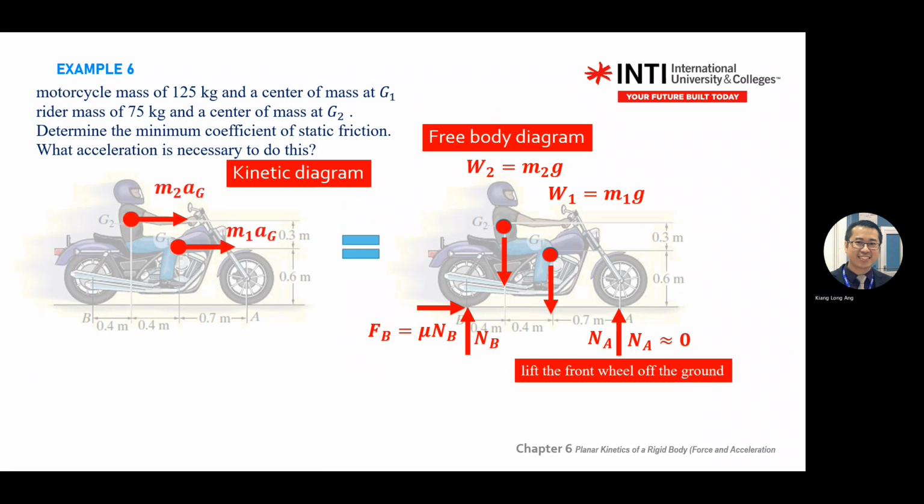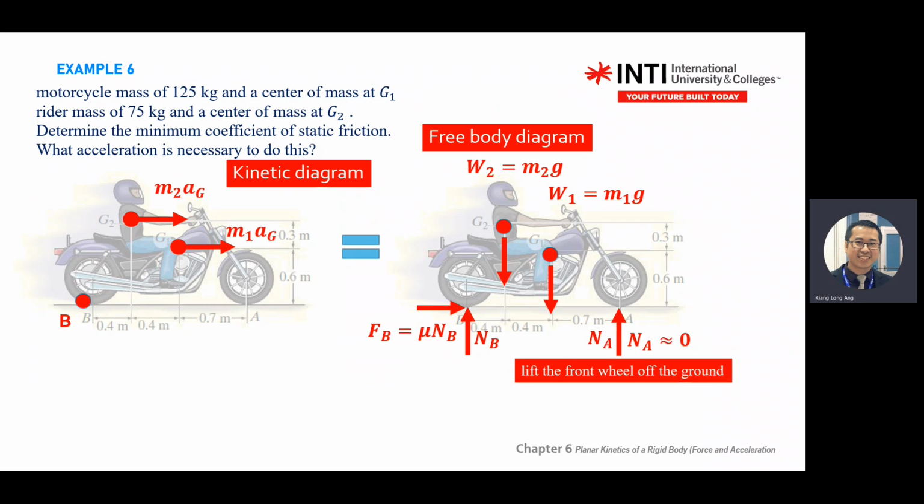You have two objects, so MA1 and MA2, both have MA. For chapter 6, in your kinetic diagram, you convert acceleration multiplied by mass into forces. The purpose is that you want to build the relation between the moment of the free body diagram compared to the kinetic diagram.